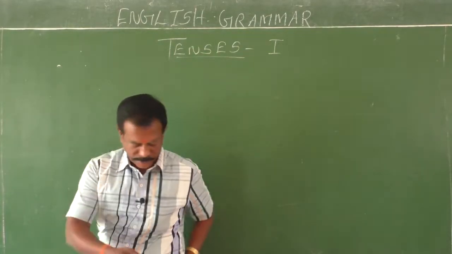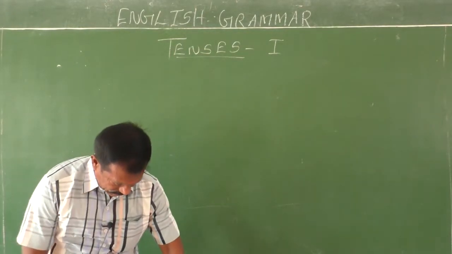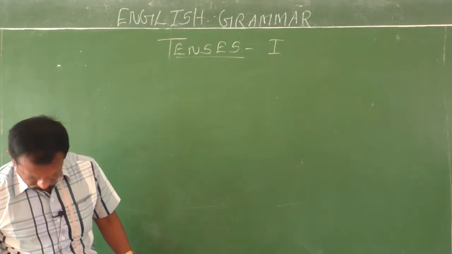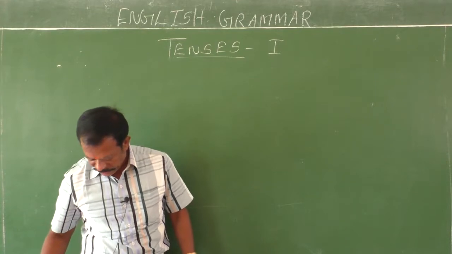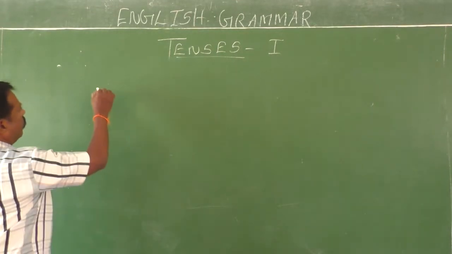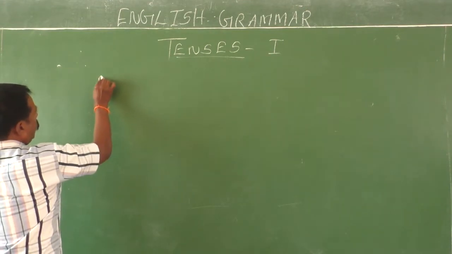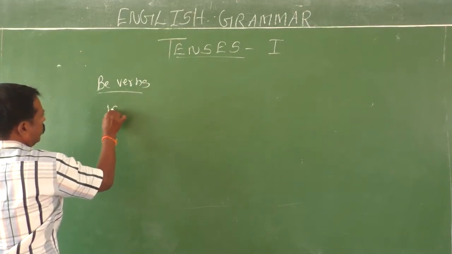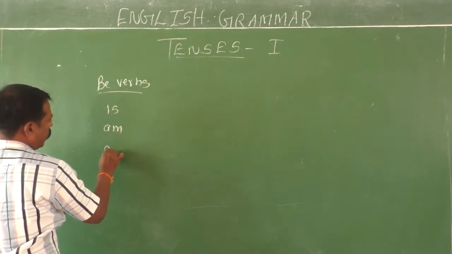Before explaining the various forms of tenses, I would like to say a few words about the kinds and types of verbs and structures. See, be verbs, you know that: is, am, are.